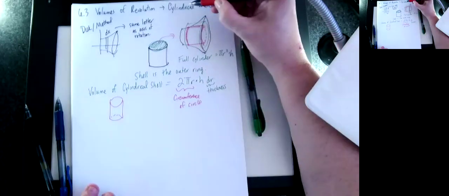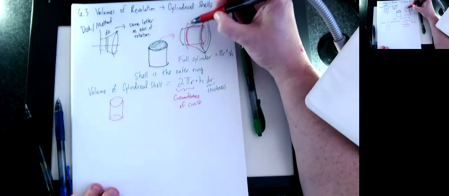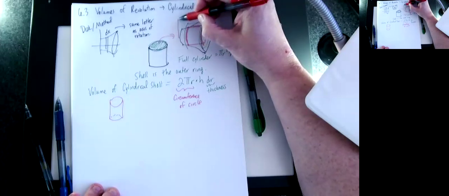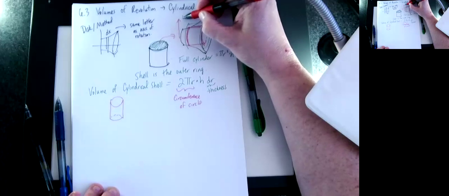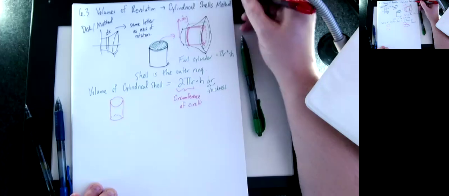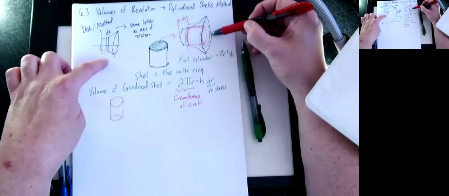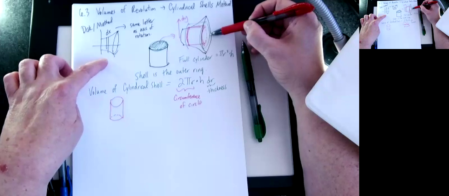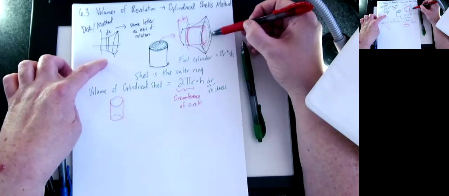But since we're doing these shells and we're going from outward to inward, in this case our d is in this direction. We would be going dy here. For the same shape, the same revolution, it gives us a way of tackling it with the other variable. Does that make sense?